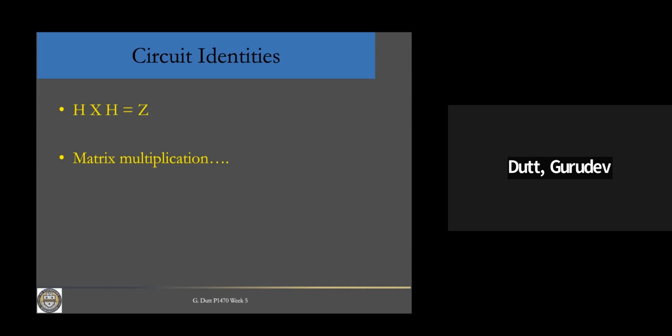So H times X times H. Once again, you write down the matrix for H, the matrix for X, and then the matrix for H again. And all it is is carrying out the matrix multiplication.